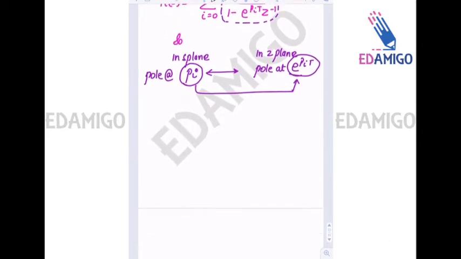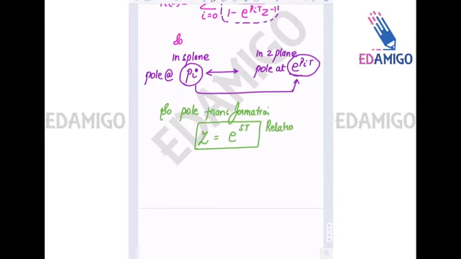So the pole transformation is: pole in the Z plane is equal to e to power the pole in the S plane multiplied by T. So this is the transformation of the pole, z equals e to power sT. This is the relationship between a pole in the analog domain and a pole in the digital domain.